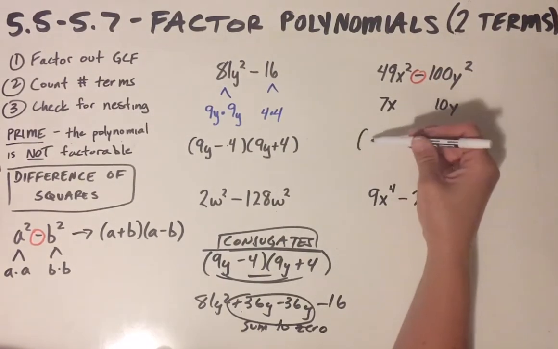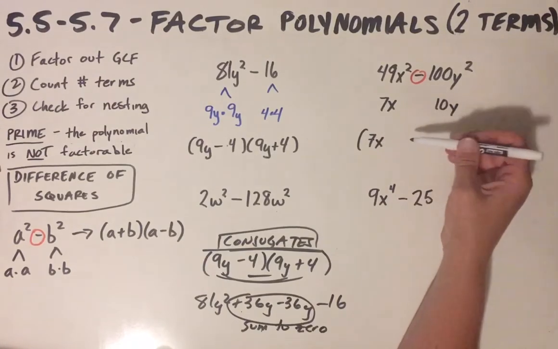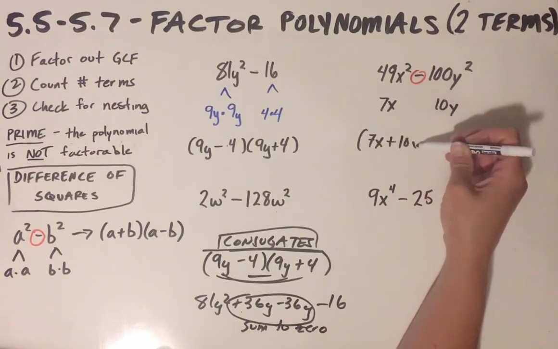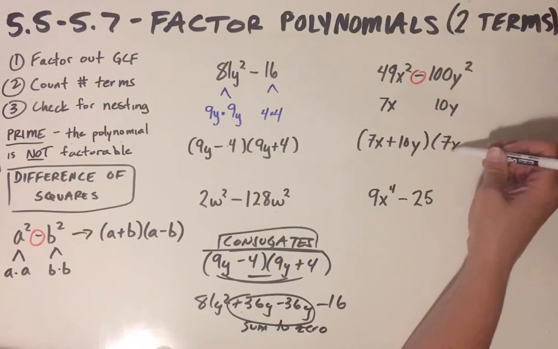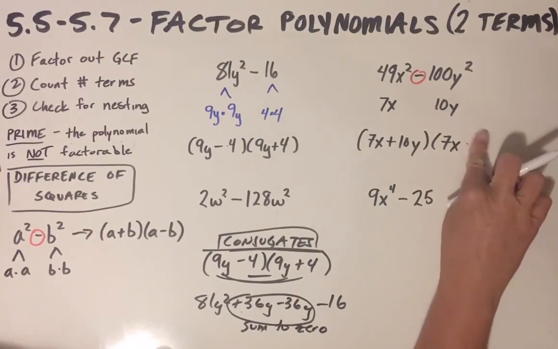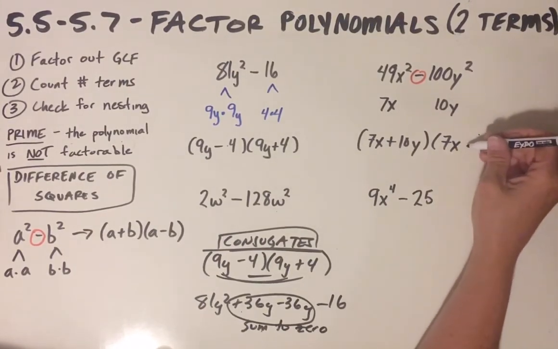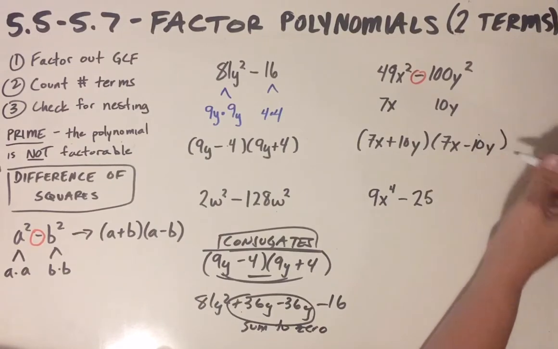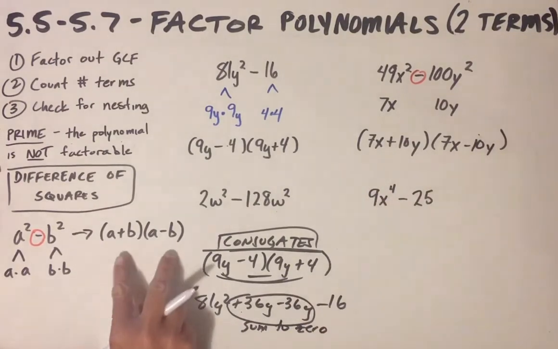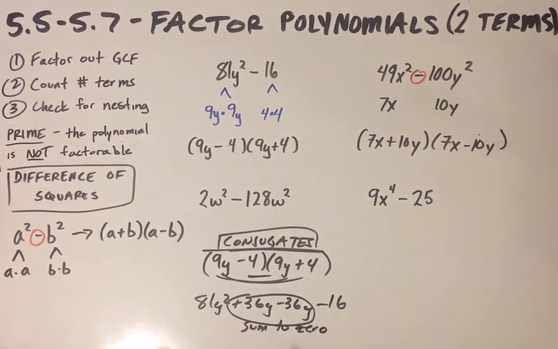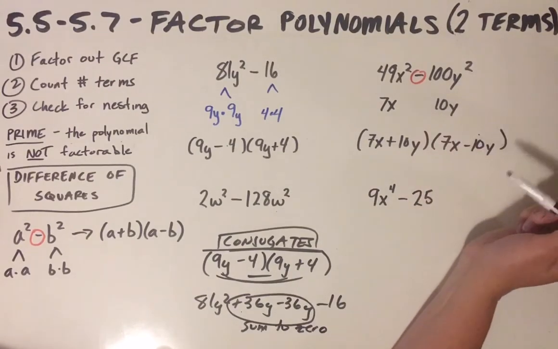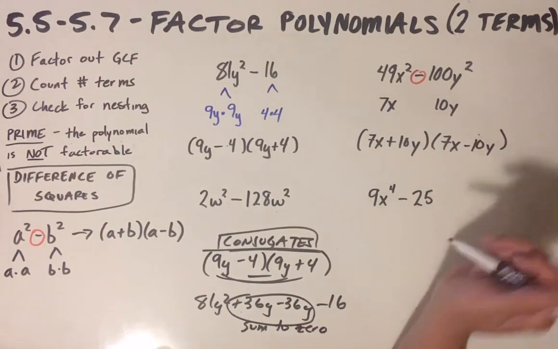So that's going to go in each of these factors here, a 7x plus a 10y and a 7x minus a 10y. Someday I'm going to not write so sloppy. It's going to be plus minus again. They just have to have opposite signs for those middle terms to drop out, and that's why we don't have a middle term here. So this is factoring this difference of squares.